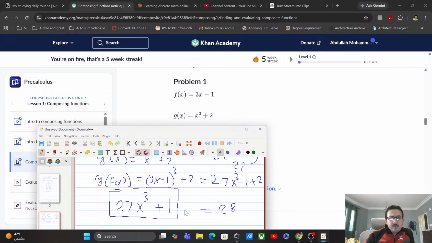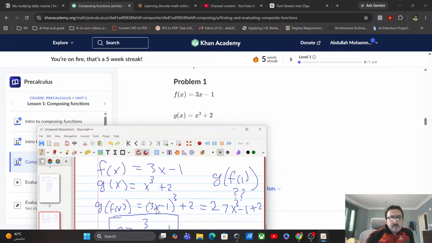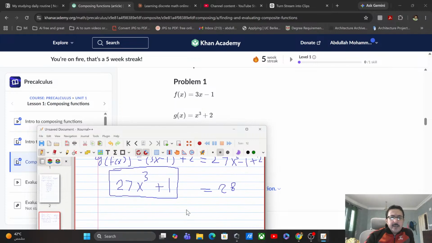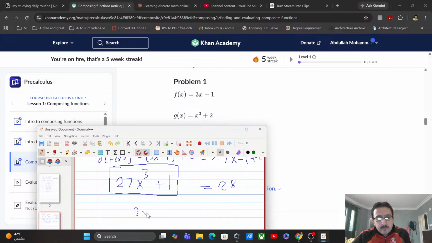So I got 3x, product of 3x, product 3x. So I got 3x times 3x, that's 9x squared, 3 times 9, I think 27, that's 27x cubed.